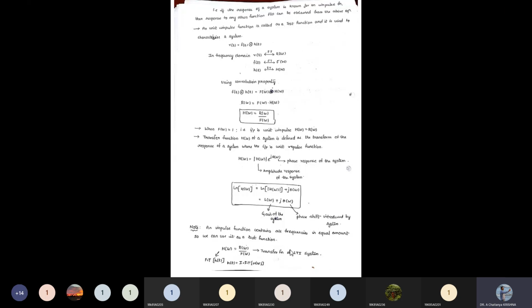Based upon this equation H of omega equal to R of omega by F of omega, if we should find the input function or output function or impulse function, if any two are given, the remaining third one we should find by using the Fourier transform as well as inverse Fourier transform.